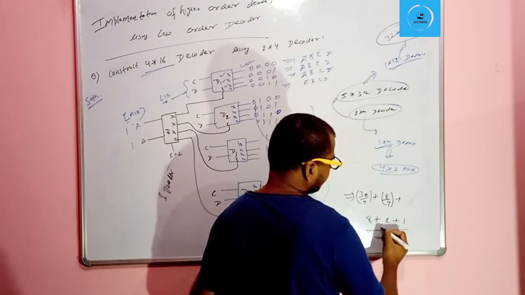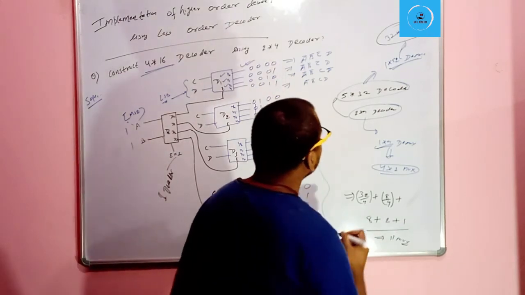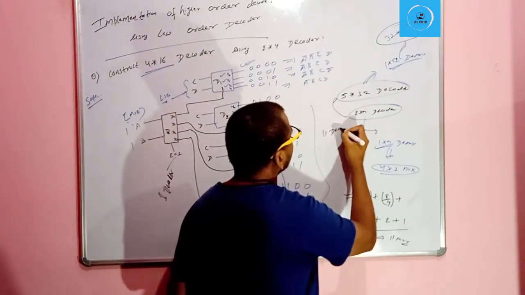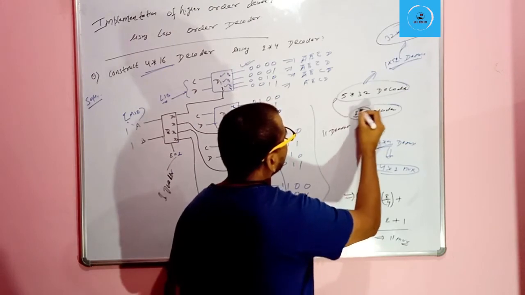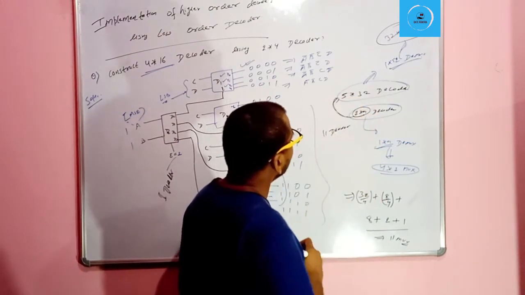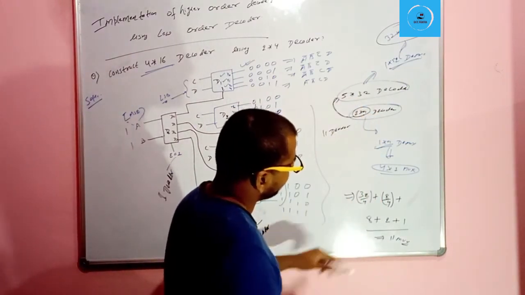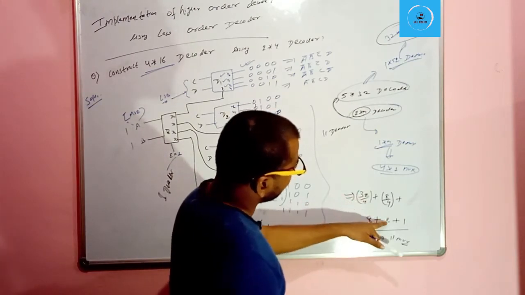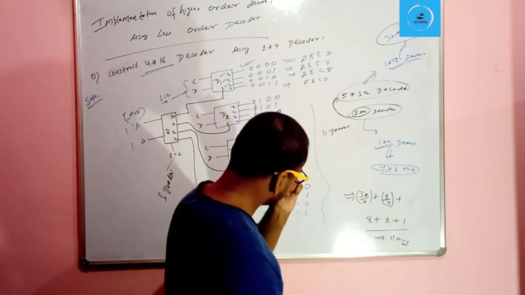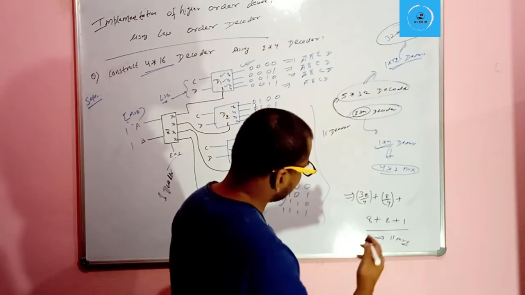So total 11 mux required, or total 11 decoders, 2 to 4 decoders, required to construct this 5 to 32 decoder. Okay, 8 here, 2 here and 1 here.